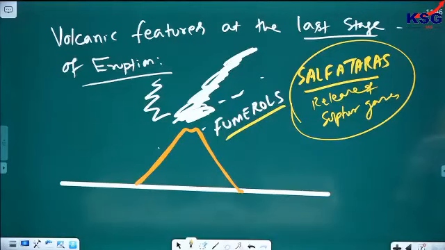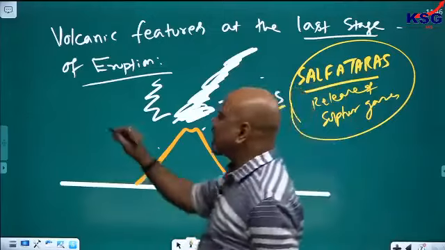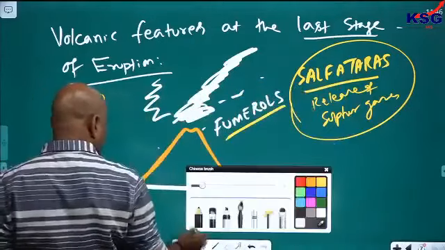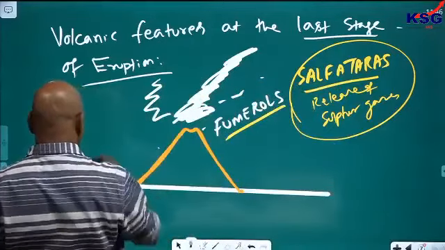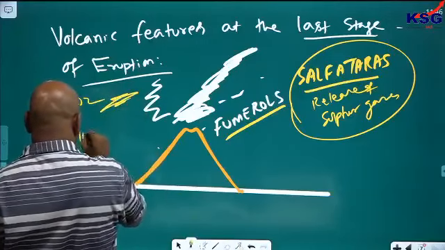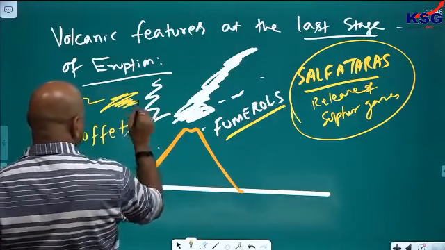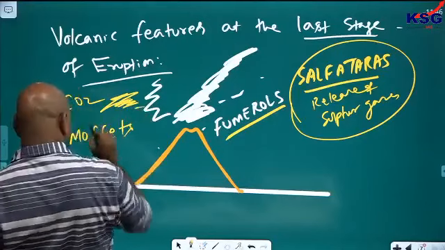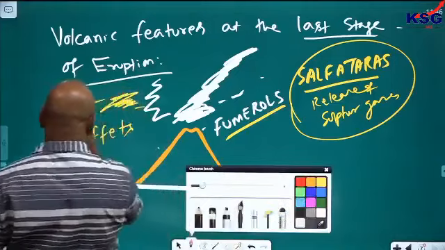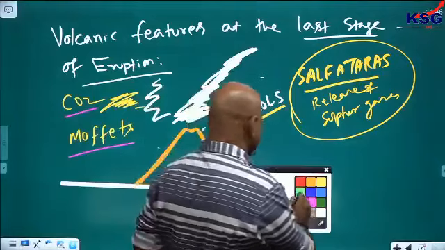And very interestingly, sometimes carbon dioxide also is emitted. The emission of carbon dioxide is known as mofettes. If there is emission of carbon dioxide, it is called mofettes.